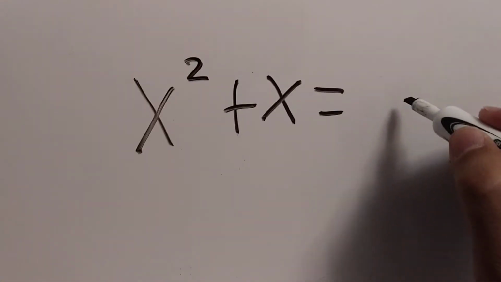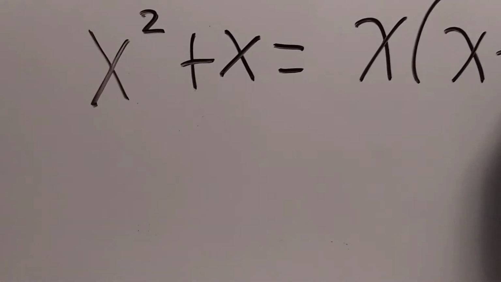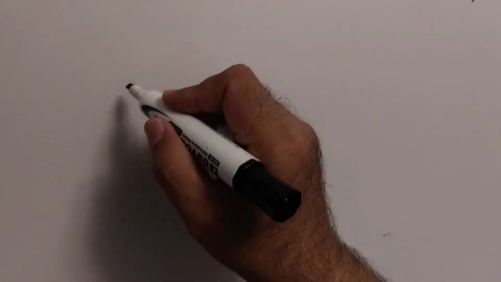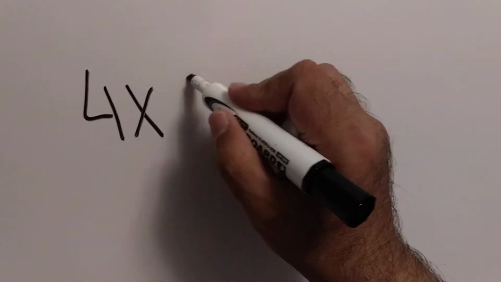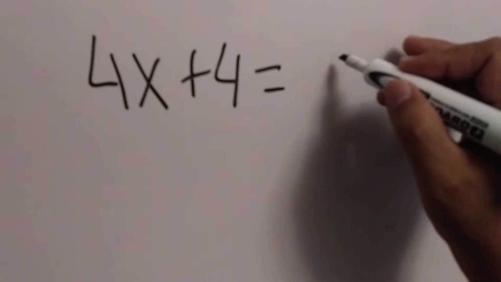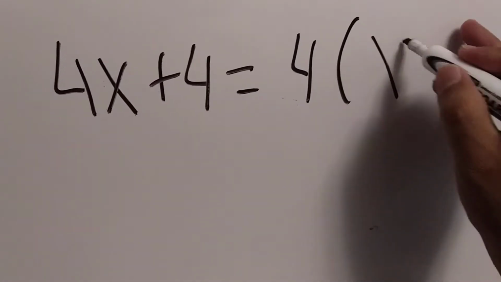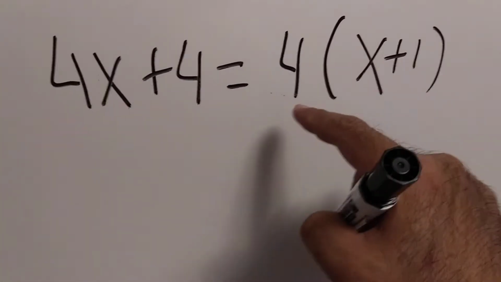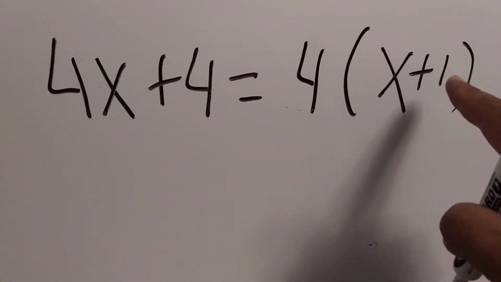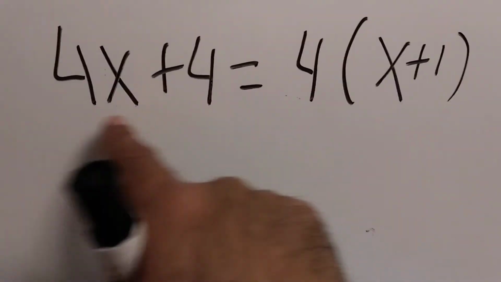When you factor it out, it gives you x times x plus 1. And then the second group will be 4x plus 4. When you factor the terms here, it's the 4 that's in common, so you have 4 times x plus 1, because if you redistribute the 4 into the binomial that you simplified, you get 4x plus 4, which is what the original problem was.